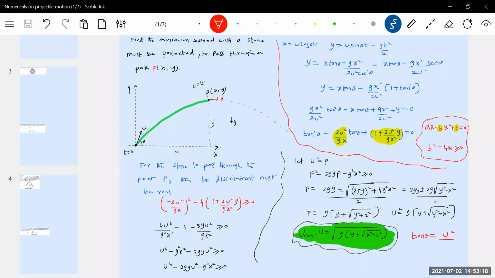Again, similarly, we have to derive the equation. I'll directly write this one. Already we derived, no? Let me write it directly. Similarly, theta will also be tan theta equal to u square, which will become y plus the root of x square plus y square, divided by x.